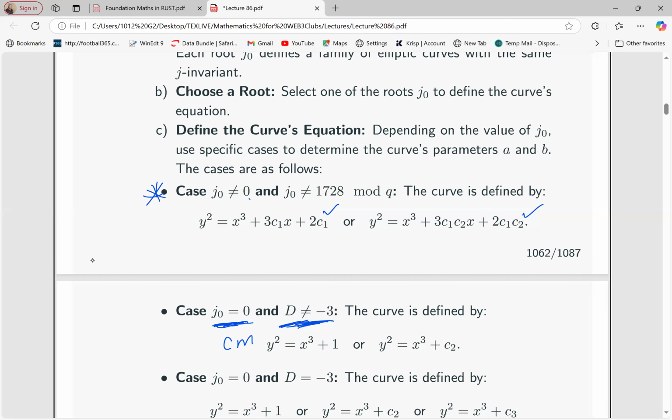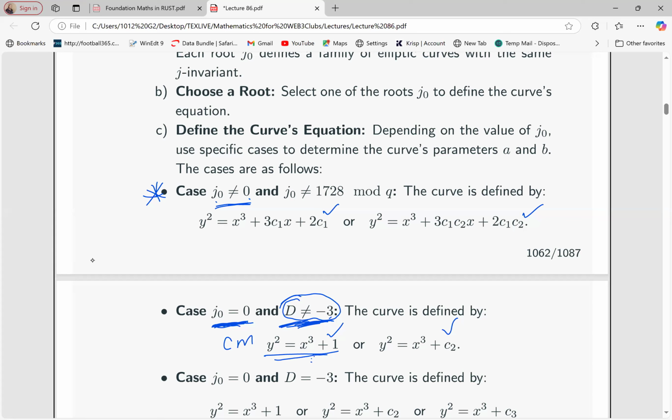So your J invariant was not equal to 0. Let me say it was 0. So if it was 0, now check the discriminant you got above. If the discriminant was not equal to -3, then your elliptic curve is supposed to take this shape or this shape. So you just take this, for instance, and try and see whether it has the number of points you want.